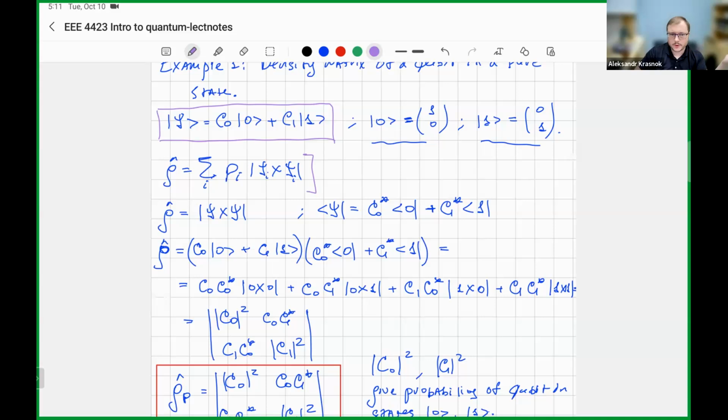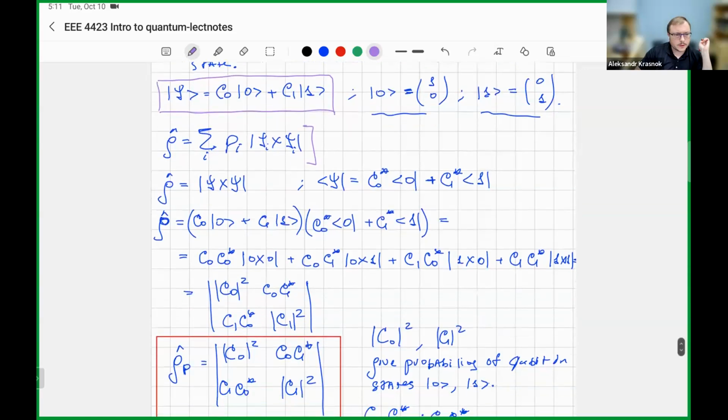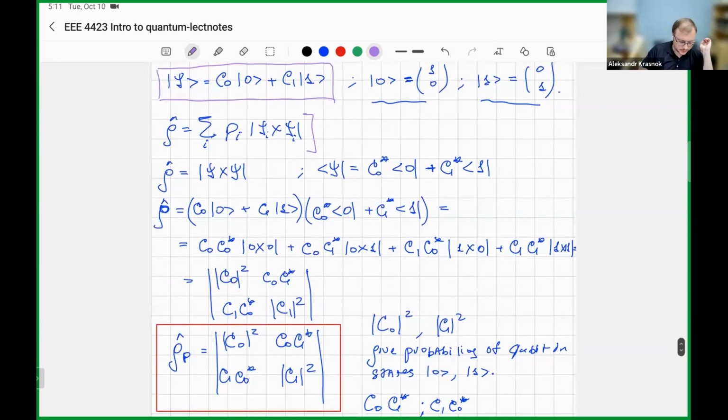They are orthogonal. That's why we can decompose any vector in this two-dimensional Hilbert space using these two vectors. And by definition, the density matrix is given by this equation.